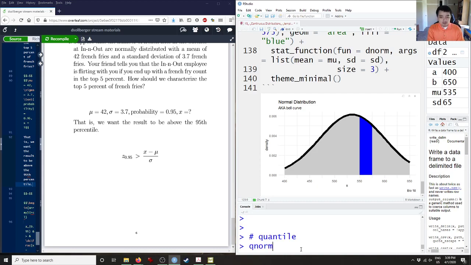And the way we type this into RStudio is with the qnorm command, Q for quantile. Otherwise, we type in our mean of 42 french fries and our standard deviation of 3.7 french fries as usual.